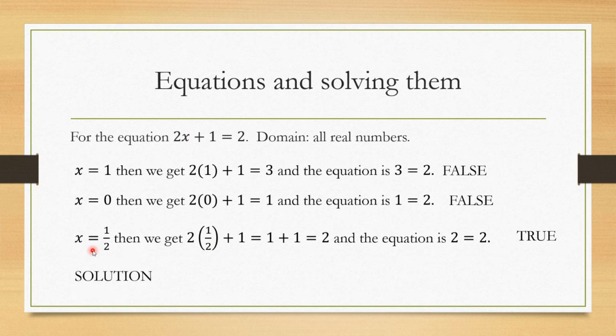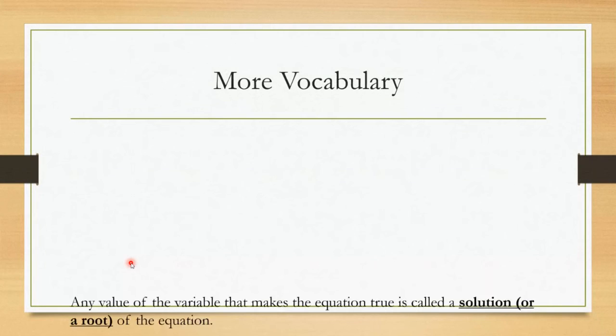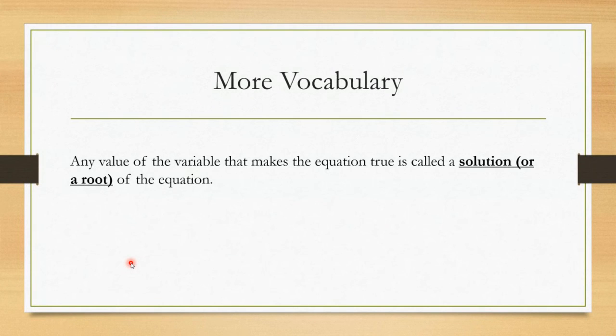So because of that, we say this number is a solution to the equation. In other words, any value of the variable that makes the equation true, when you plug that number in for the variable, is called the solution of the equation, or a root.